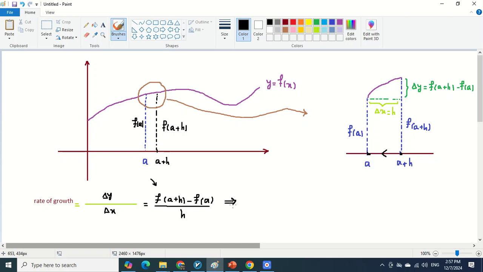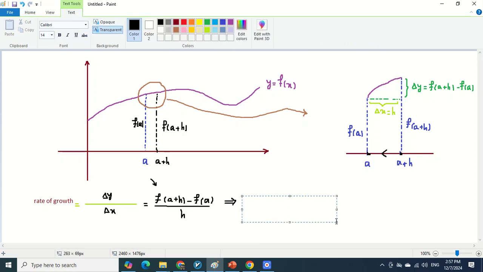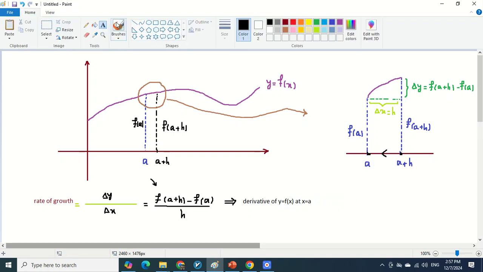In other words, the derivative of the function y equal to f of x at x equal to a, we should find one symbol for that. It's worth denoting by one symbol. So this derivative is denoted by f prime.